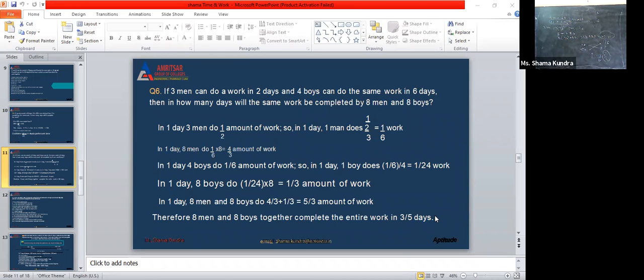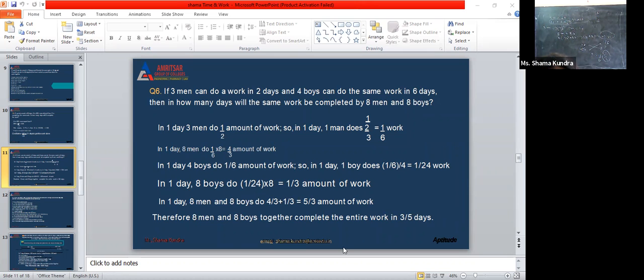Simply invert. 3/5 days. So the entire work would be done by 40 boys in 3/5 days. 40 boys is nothing but 8 men and 8 boys. So 8 men and 8 boys complete the entire work in 3/5 days.